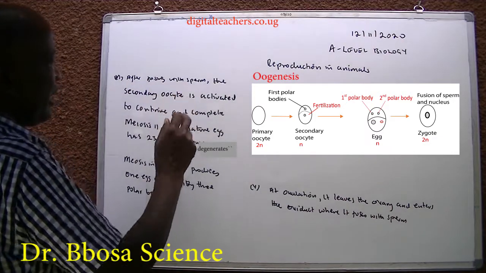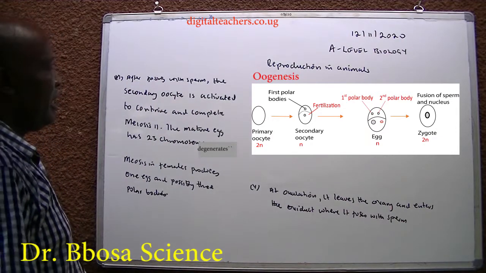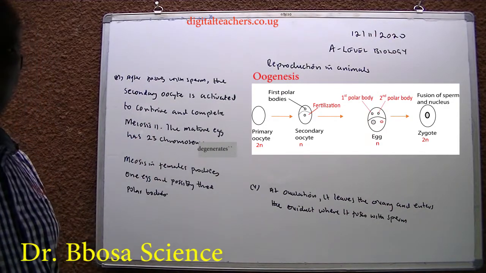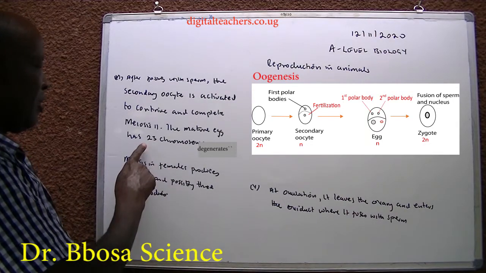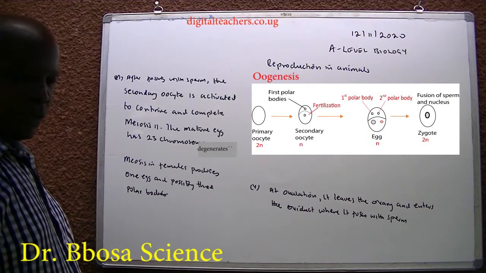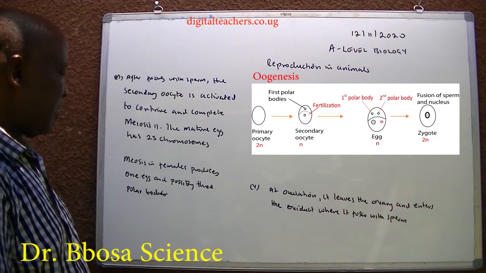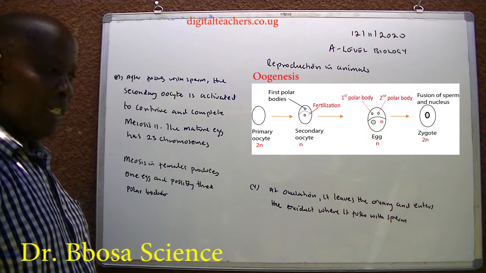After fusing with the sperm, the secondary oocyte is activated to continue and complete meiosis 2. The mature egg has 23 chromosomes. Meiosis in female produces 1 egg and possibly 3 polar bodies.